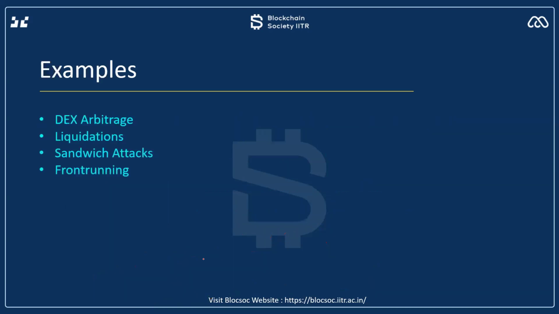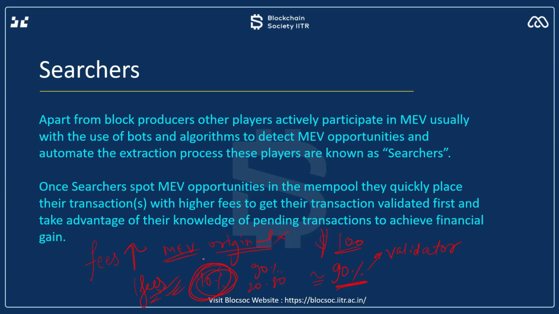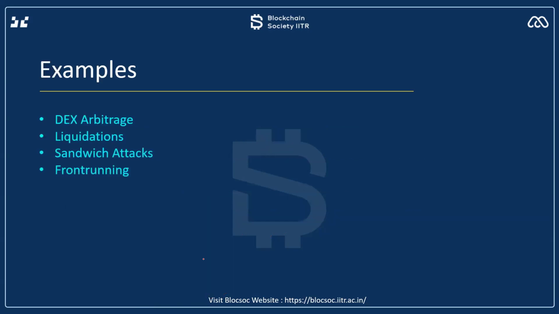So there are many examples of what these MEV bots do. One is DEX arbitrage. Suppose there is a transaction in Uniswap, and a person is willing to give one ETH for, let's say, 100 USDC.